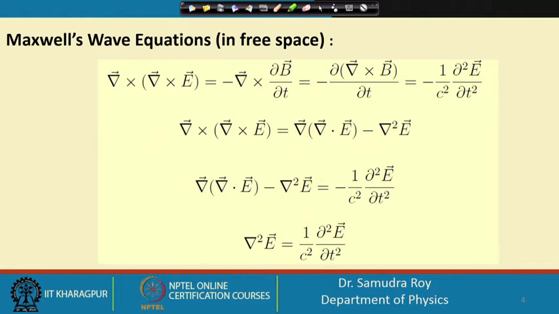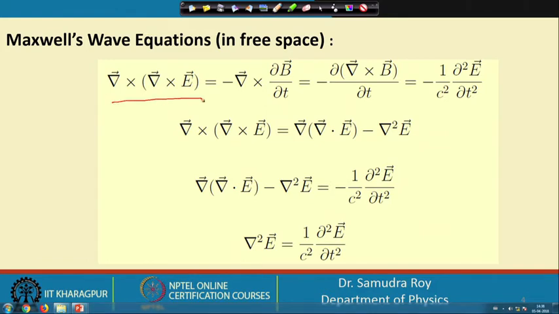In the first line, I take the curl of E, and I take a curl over that. On the right hand side, we know curl of E is minus del B del t. Since I operate curl on both sides, it should be curl of del B del t with a negative sign. This is the first step.